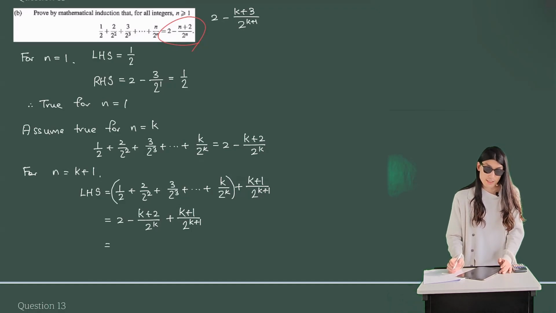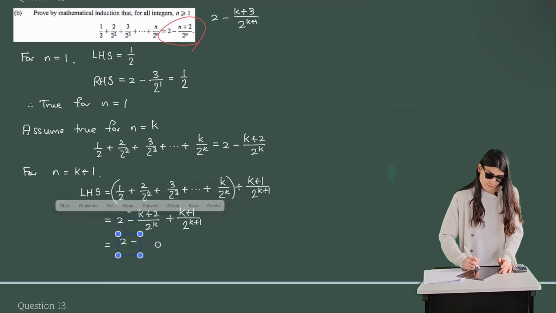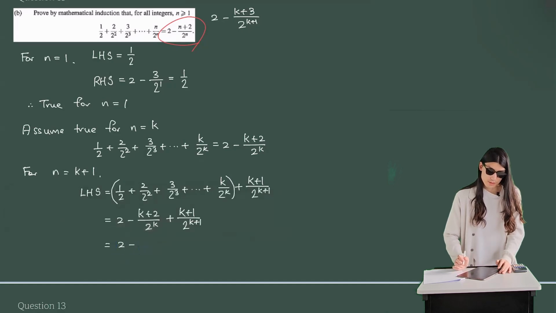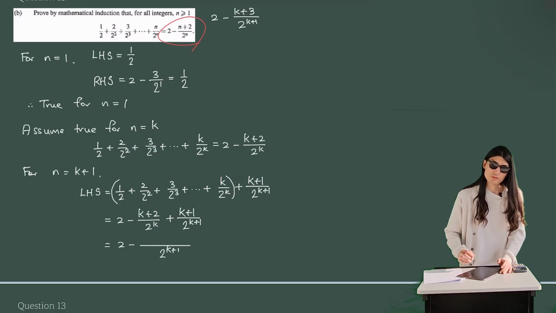That's what the right hand side is when n is equal to k plus 1. So what would I do? I would leave this. That is, don't touch the 2 minus because I need it. And I would put these two fractions together with a common denominator of 2 to the power of k plus 1.